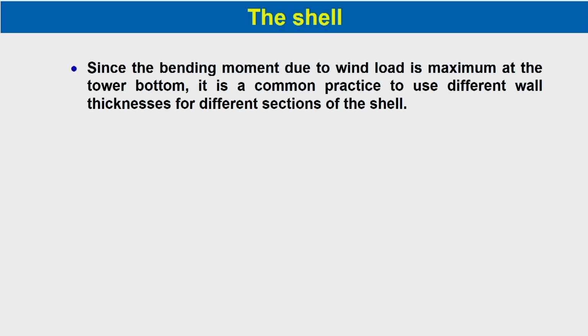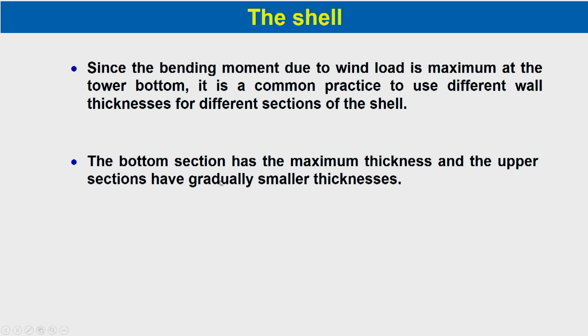Since the bending moment due to wind load is maximum at the tower bottom, it is a common practice to use different wall thickness for different sections of the shell. So, depending on the bending moment due to the wind load and several other aspects, the thickness of the sections or of the wall of the tower may be different.